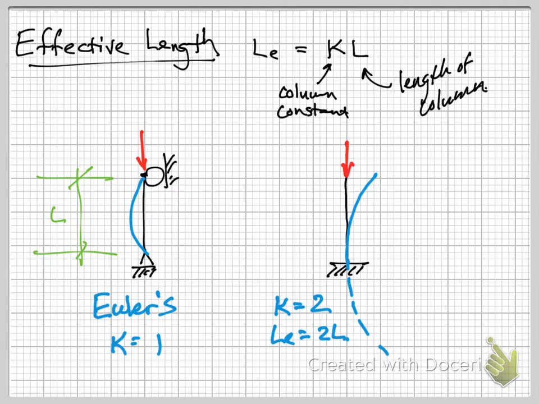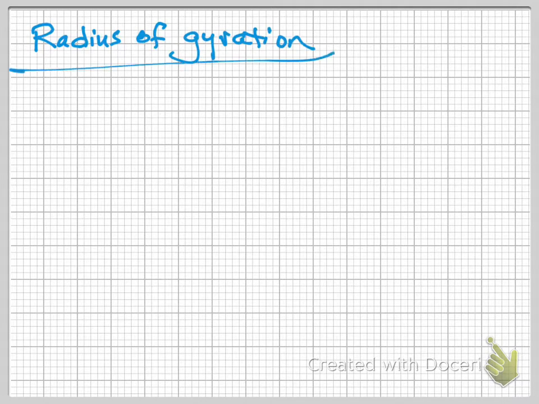Okay, so let's look at our next term that we needed to define, the radius of gyration. Okay, this is a geometric property of the section.